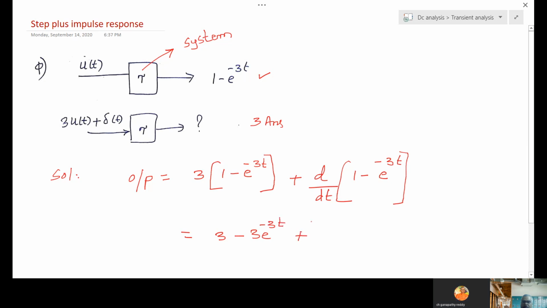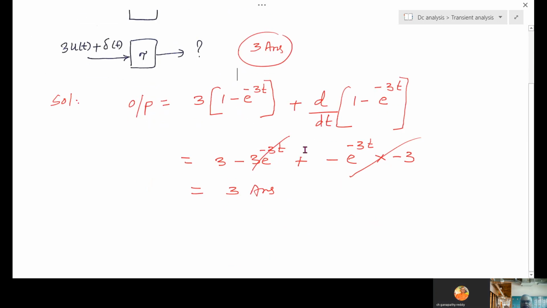Derivative of constant is 0, minus e power minus 3t into minus 3. So minus minus becomes plus, this cancels. So you get only 3. So 3 is the answer. This is simple.